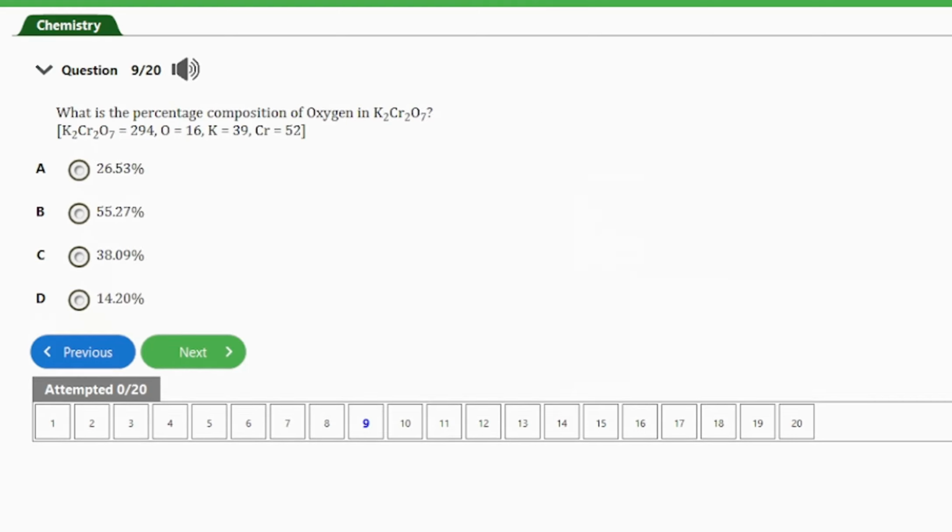That's question number 9. It says, what is the percentage composition of oxygen in potassium dichromate 7? So guys, we are going to solve this together. So let's simply zoom into our workspace here.